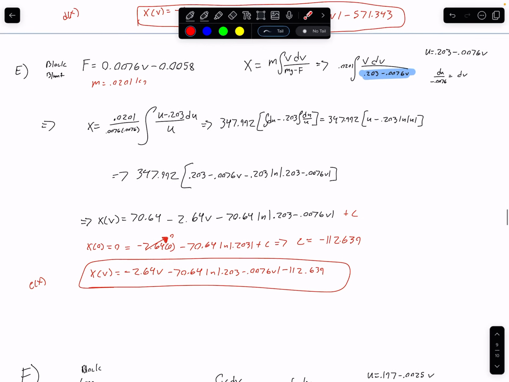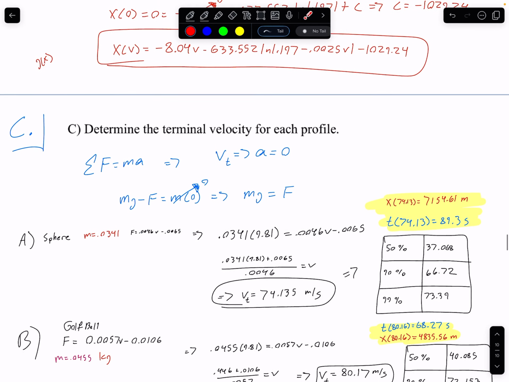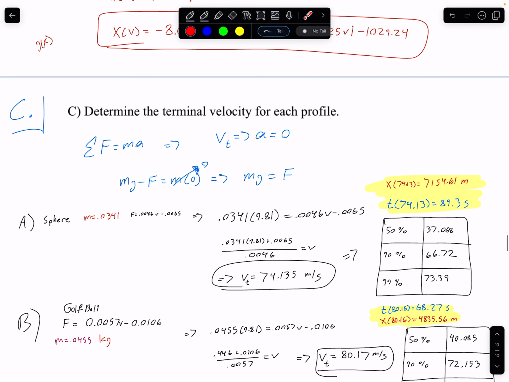So what I did to determine the actual total amount of time, we go over this later on with 50%, 90%, and 99% of the terminal velocity speed. But I had looked at the smallest possible number or within 0.01, or in this case 0.005, to determine how long it would take to fully reach that terminal velocity.